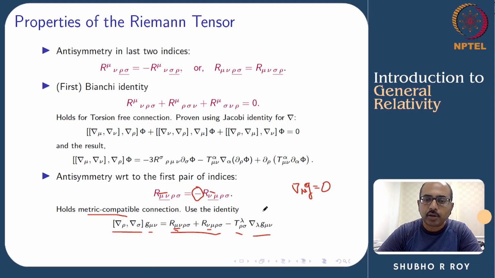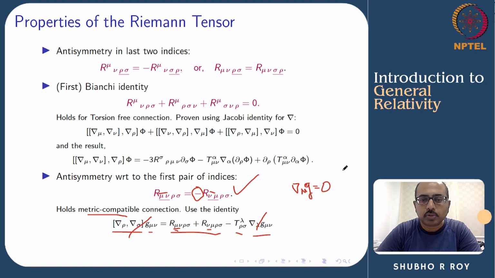Now, if the connection is metric compatible, this term goes to 0 because del acting on G gives you 0. This term also goes to 0 because the covariant derivative acting on G will kill it. Then the sum of these two is equal to 0, which gives you the desired anti-symmetric property.